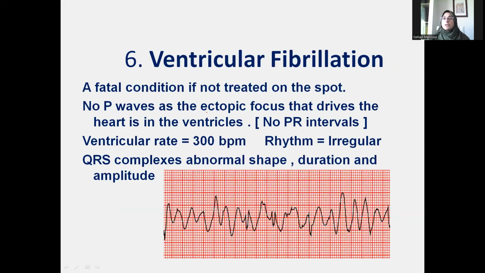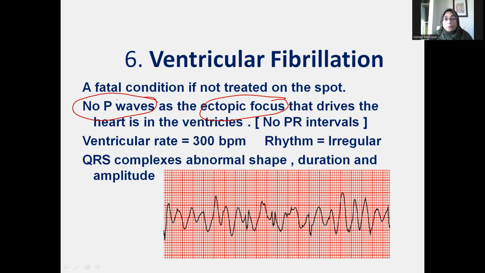In ventricular fibrillation, again, it is an ectopic ventricular focus, and we have bizarre shaped QRS complexes. So the first characteristic is that we have an ectopic ventricular focus that arises in the ventricles.